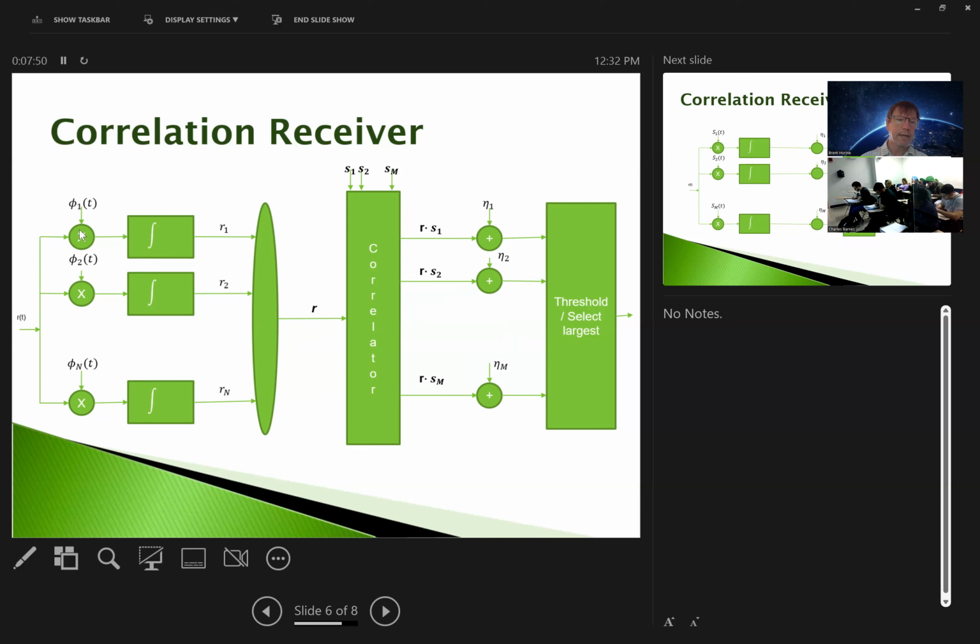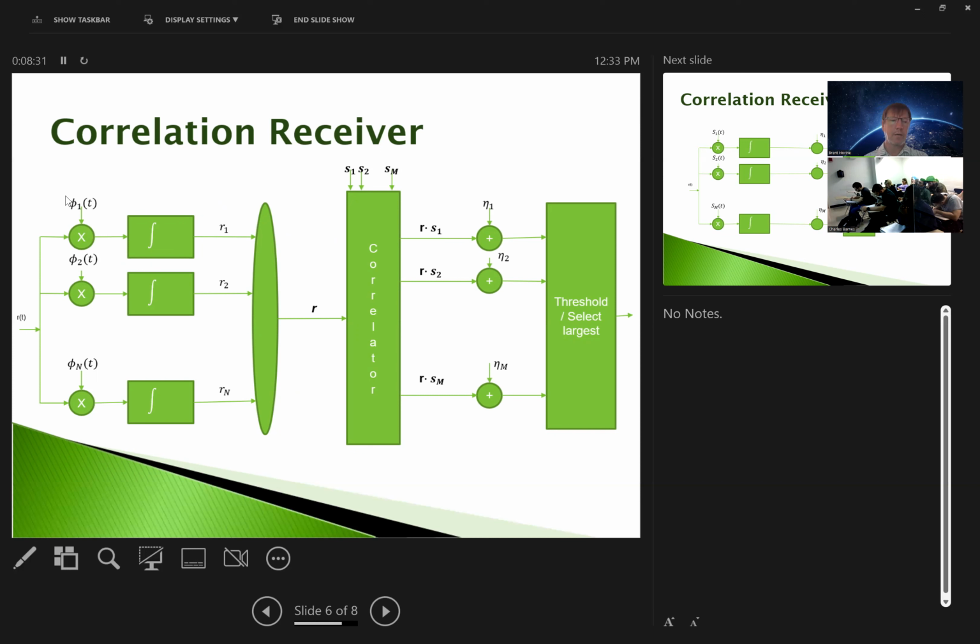And now we can split that R of t out into multiple parallel paths, and multiply it by one of n basis functions. So this is our conversion between the vector and analog or time signal representations of this received signal.